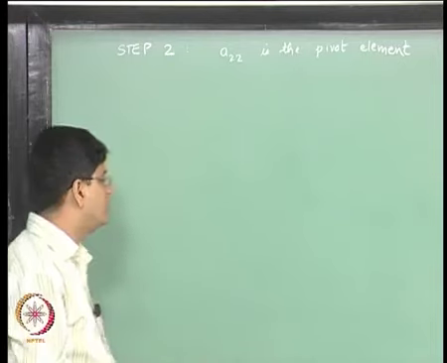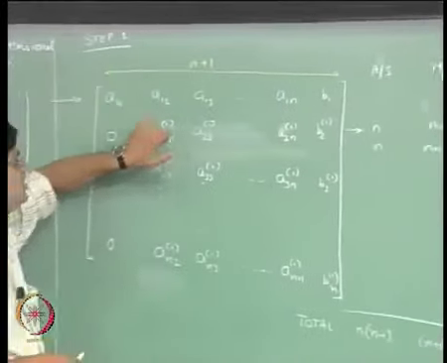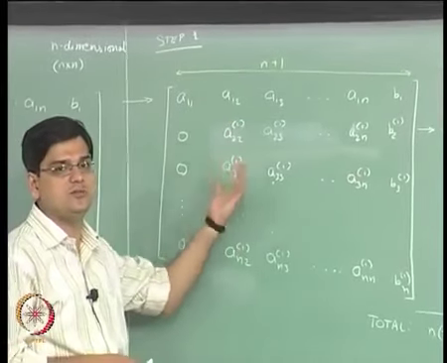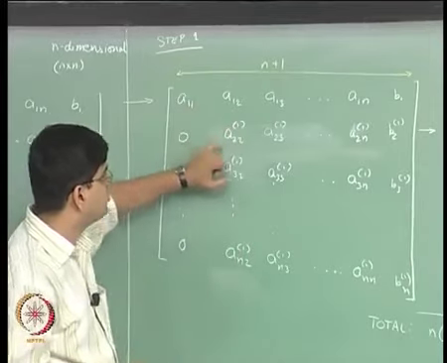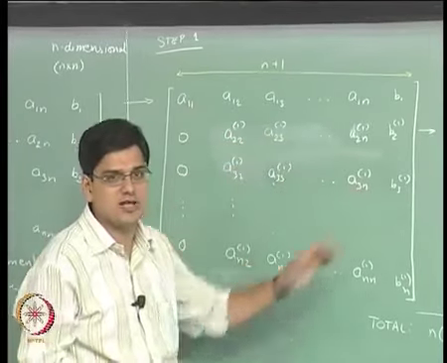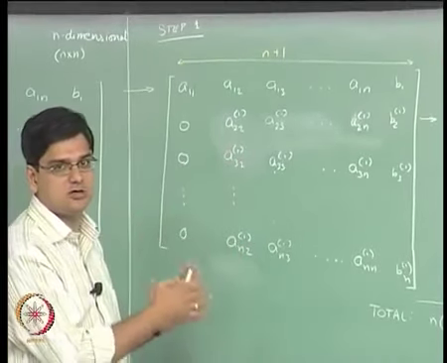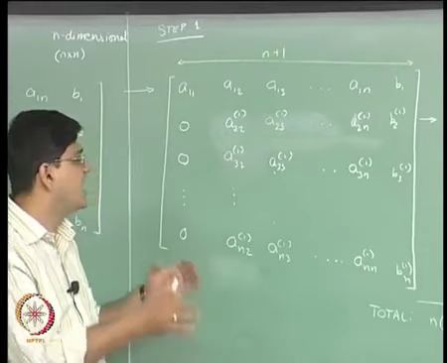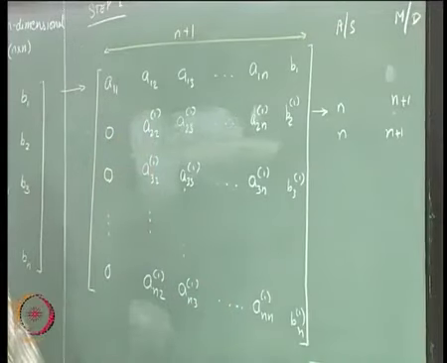As soon as this particular computation is done, the original number that we had over here, A22, is going to be replaced by A22^1. Although I am showing the superscript 1, in the computer memory there is only one A B matrix, and that matrix keeps changing every time you do any row operation.